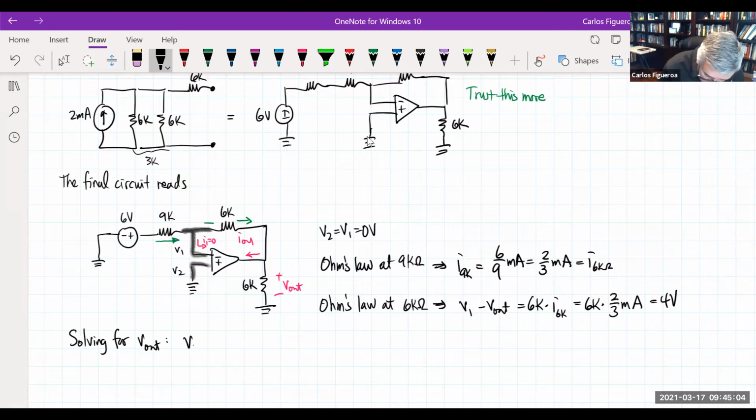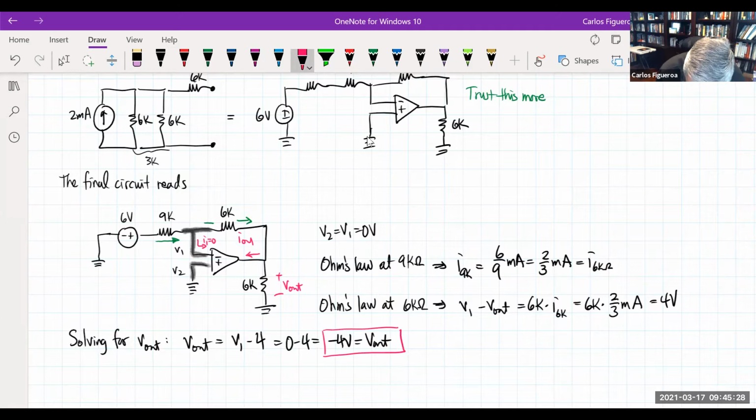I see that V out is then going to be V1 minus 4, right? And V1 is 0, of course. So I'm going to get minus 4 volts for V out. So I now have the voltage V out.